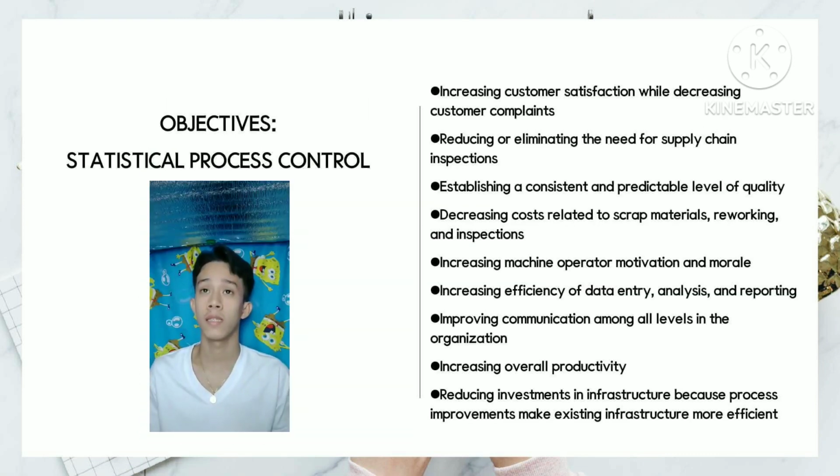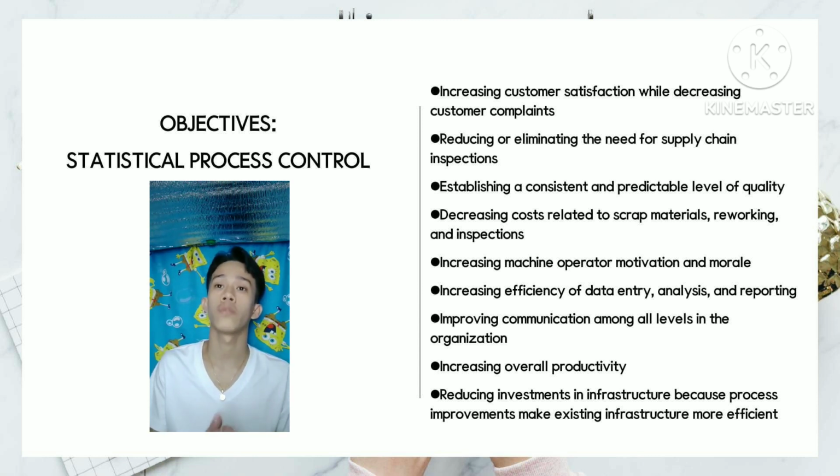Let's discuss the objectives of statistical process control. Statistical process control's chief objective is improving the process by reducing unwanted and unexpected variables. When an organization uses SPC to meet that goal, it helps achieve other related business goals.